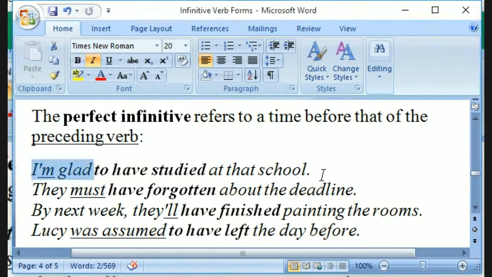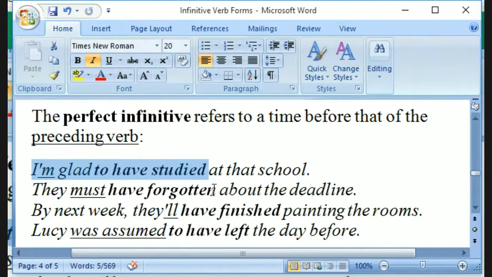Frankly, I'm glad to have attended your party would be a very formal way to thank someone. I am glad to have been able to attend your party. Quite formal. These infinitives always, to me, invoke formality, frankly.